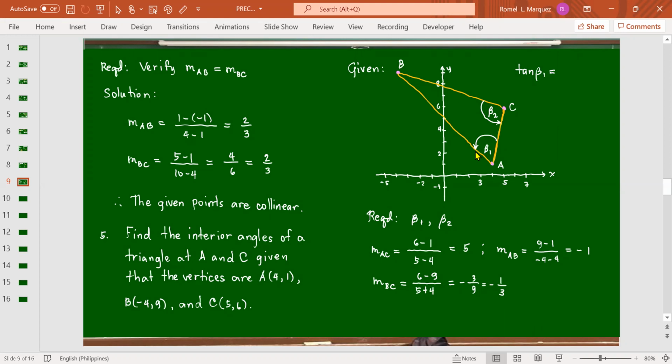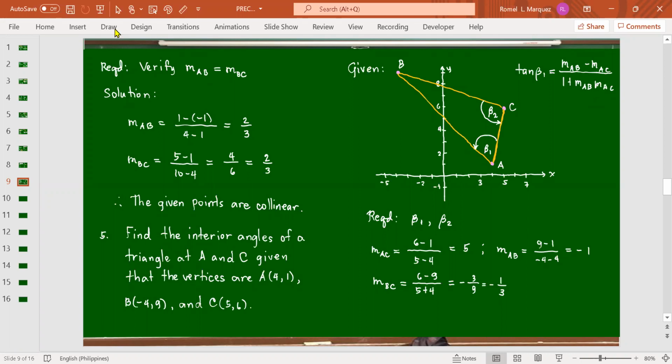Slope where the arrow is pointing, m of AB, minus m of where the tail is pointing, AC. Get it, guys? How is the quotient being formed? All over 1 plus m of AB times m of AC.